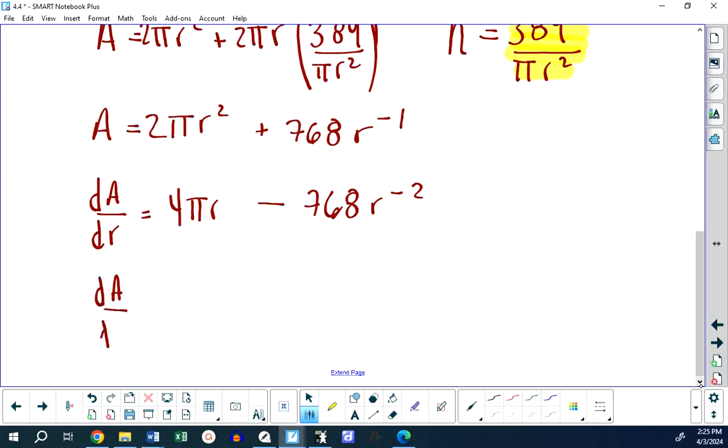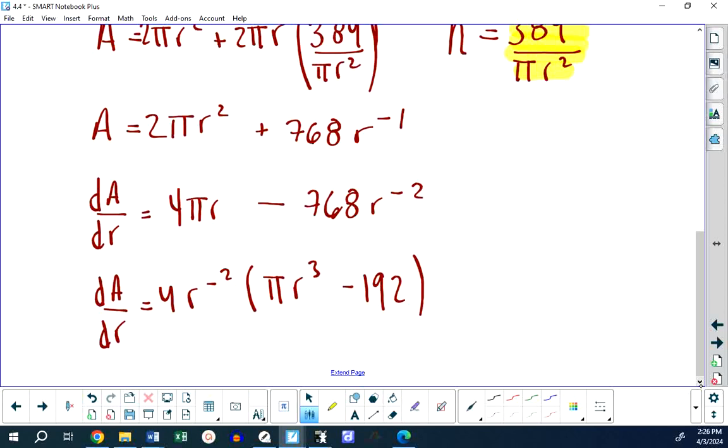I'm going to go out on a limb here and say that 4 must divide into 768. Yeah. 192 times. And I can factor out r to the negative 2 and be left with pi r cubed minus 192. And I need to double check that because my mind wandered for a second there.